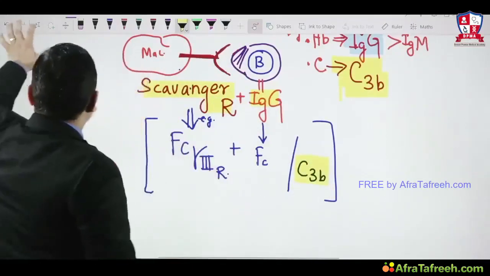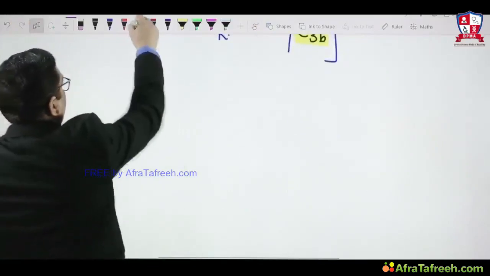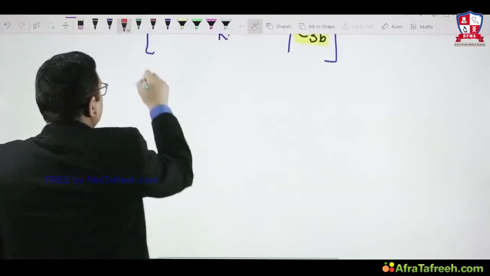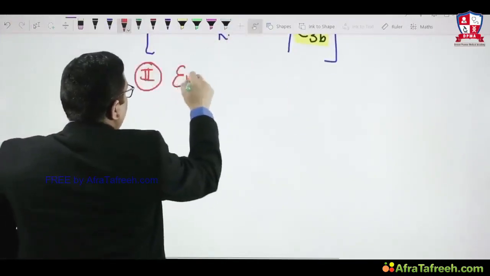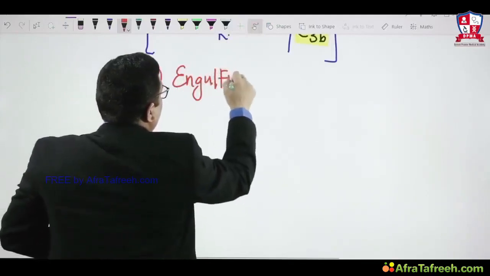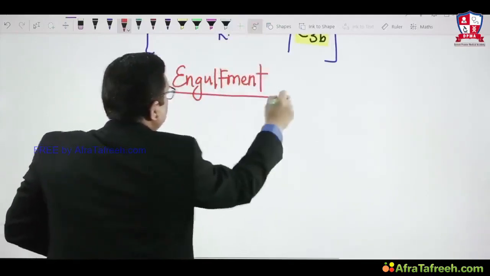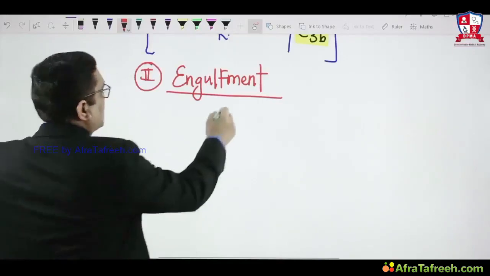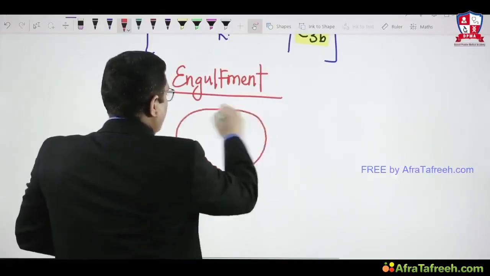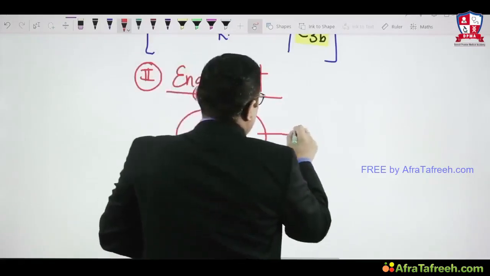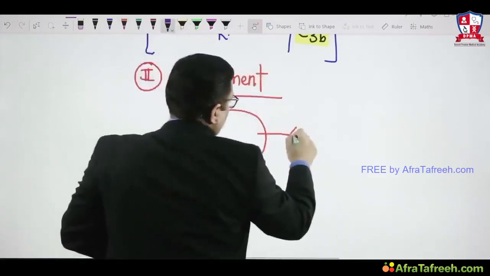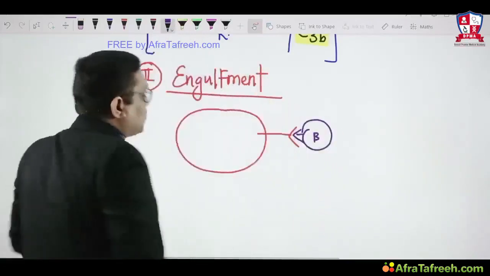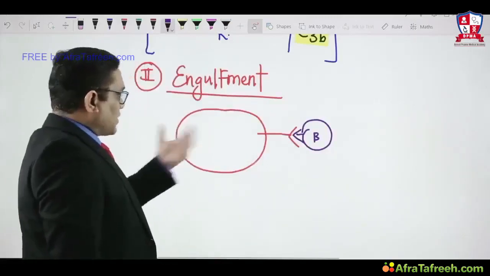After that what will happen? The second step of phagocytosis is engulfment. When the bacteria attach to the scavenger receptor of the macrophage, what will happen inside the macrophage?